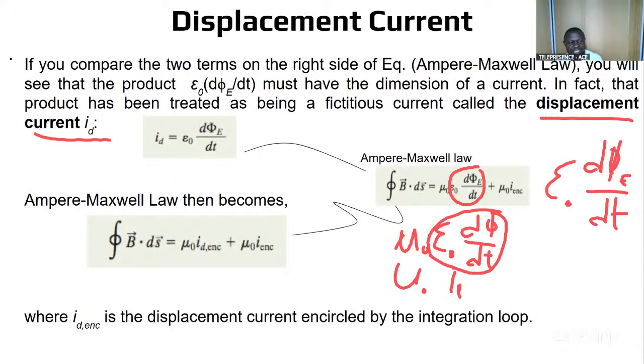We can relate this with the displacement current density, that is current per unit area.